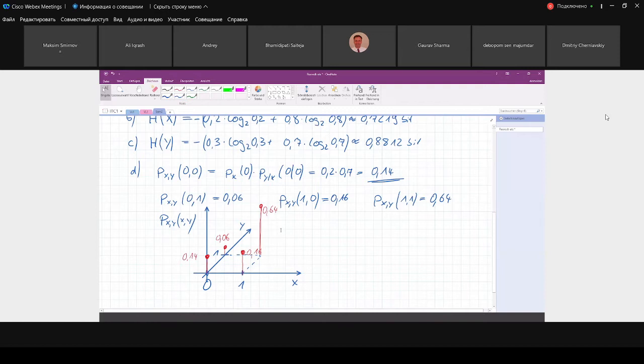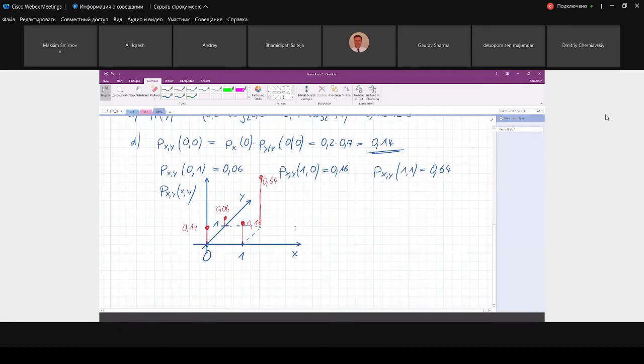Okay, now it's written: determine the joint entropy H of X and Y. And now we use this joint probability mass function, of course. We use these joint probabilities, and you can do it again on your own. So what is H of X, Y?